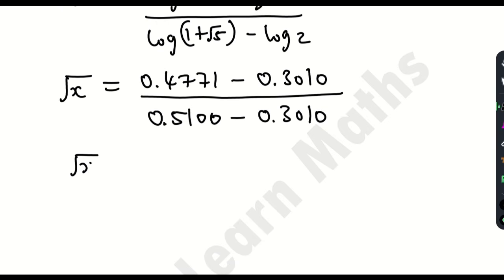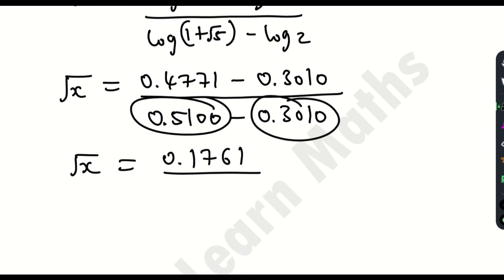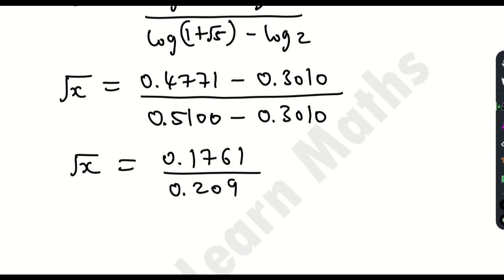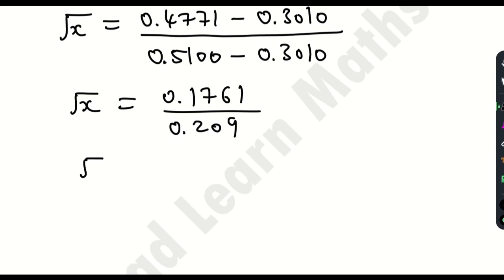So root x will be equal to, if you take the difference of these two numbers, 0.1761, divided by, if you take the difference again of these two numbers, 0.209. It's time for us to divide these two numbers. So root x will be equal to 0.8426.